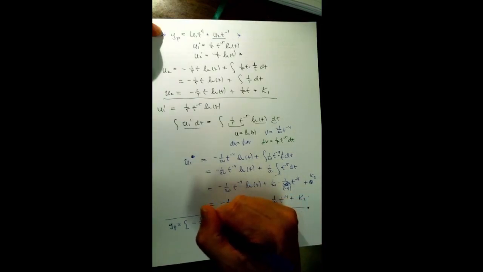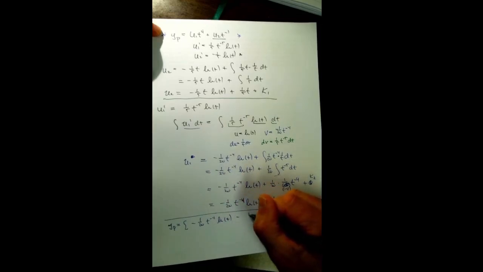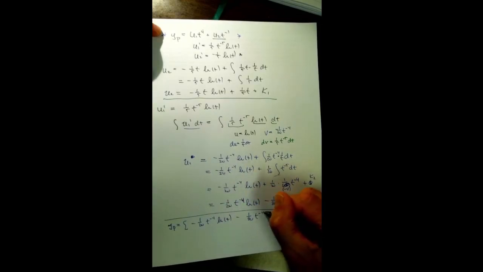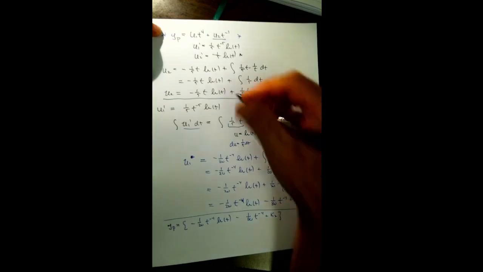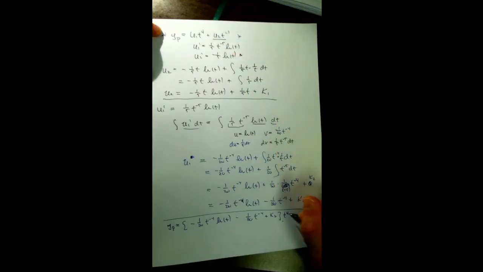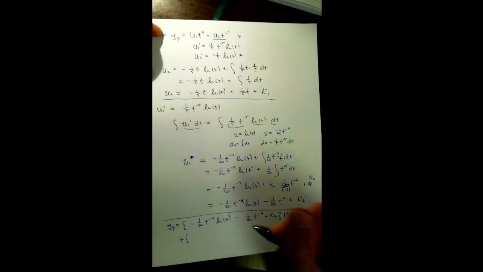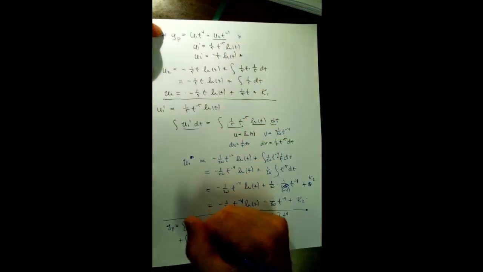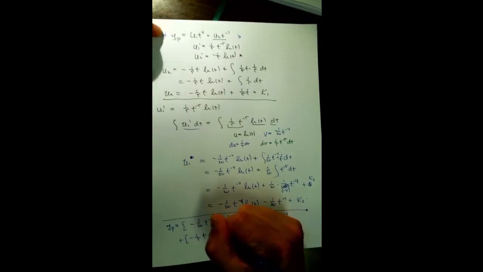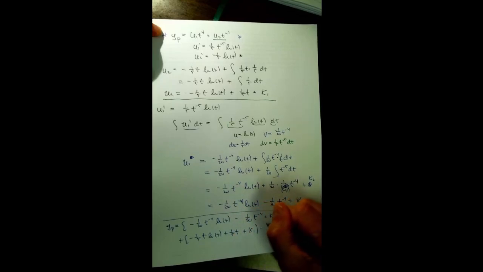So I get minus 1/20th t to the minus 4 log of t minus 1/80th t to the minus 4 plus k2 times t to the 4th, plus u2 times t to the minus 1. u2 is this, so minus 1/5 t log of t plus 1/5 t plus k1, all times 1 over t.